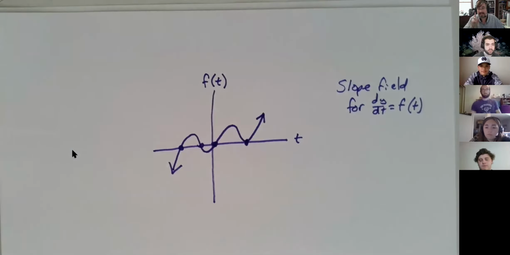Now notice, I didn't give you any numbers, so you're going to have to make some up, but they have to make sense for that particular graph. And by the way, that's f of t on the vertical, not f of y. Very tricky.